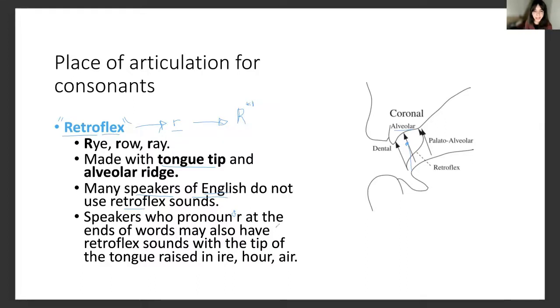So it's a sound that doesn't just occur by raising the tip of your tongue against this region for these sounds at the beginning, but it's also a sound that occurs at the end of a word. So that's called the retroflex sound.